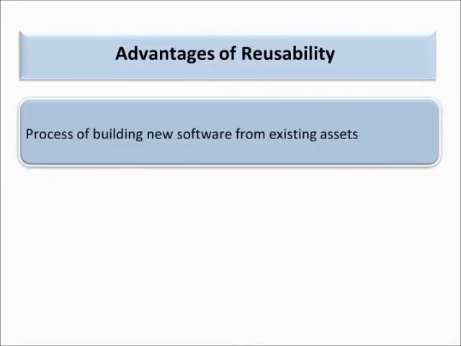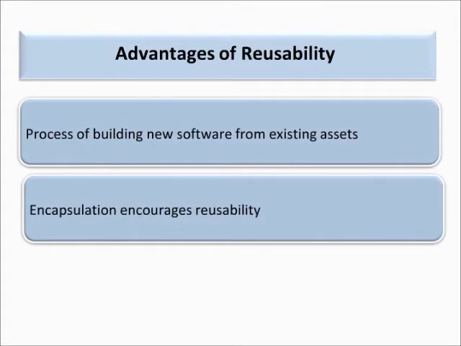Reuse is the process of building new software from existing software assets, rather than starting from scratch. Reuse is an important factor in building flexible products that can be changed quickly in response to changes in requirements.